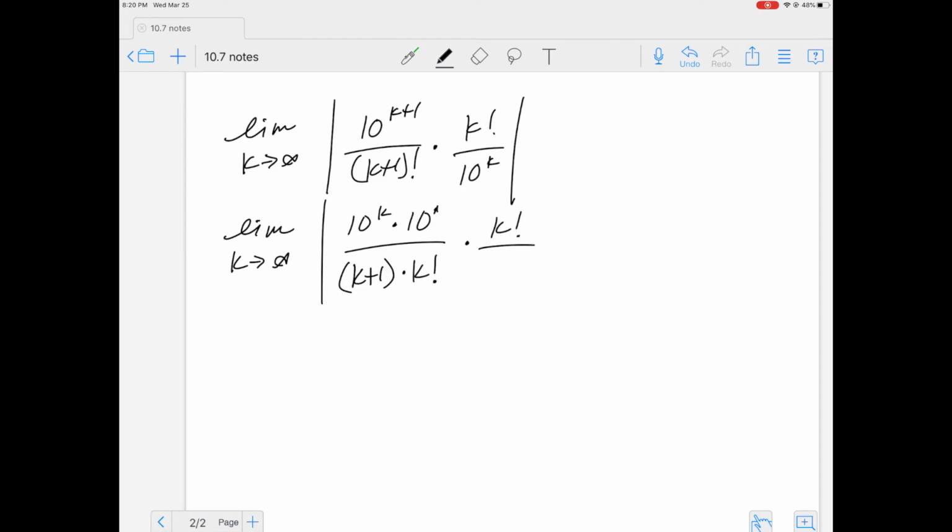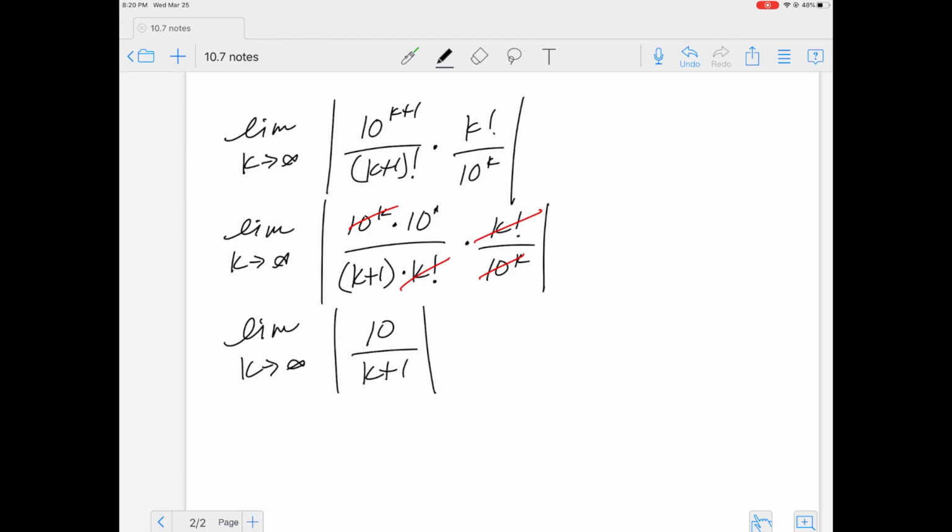Now, do you see what's happening here? All of this stuff is multiplied. So because everything is multiplied, I can now take k factorials and cancel them out. 10 to the k, cancel that out. And so now I'm just left with the limit as k approaches infinity here of 10 over k plus 1.